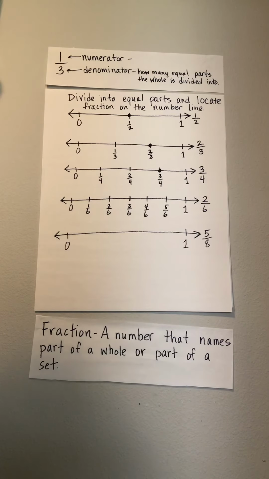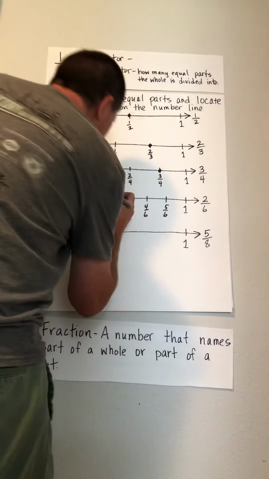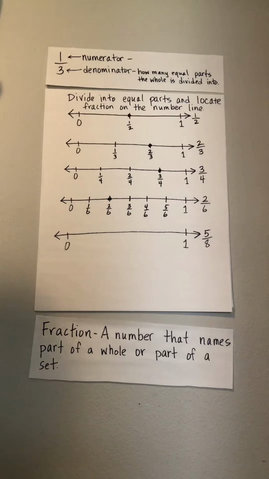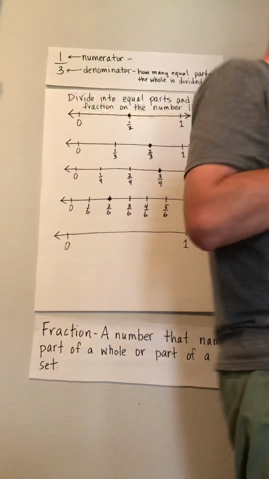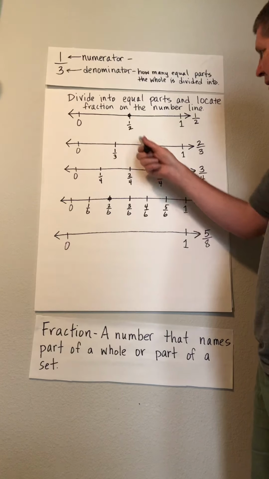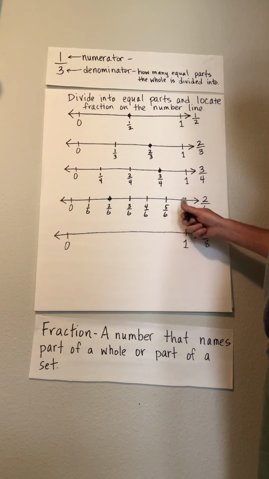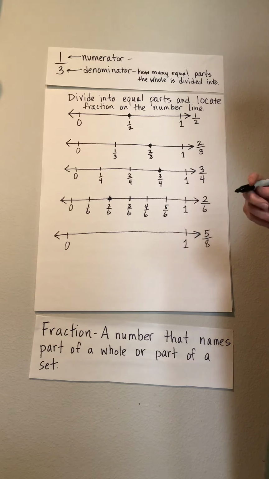Then I'm going to find 2/6, which is right here. And I'm going to label it. Okay? So remember, look at the denominator compared to how big each equal part is.